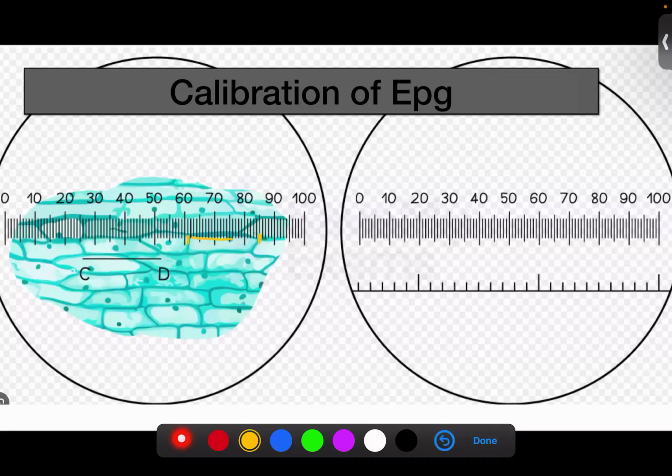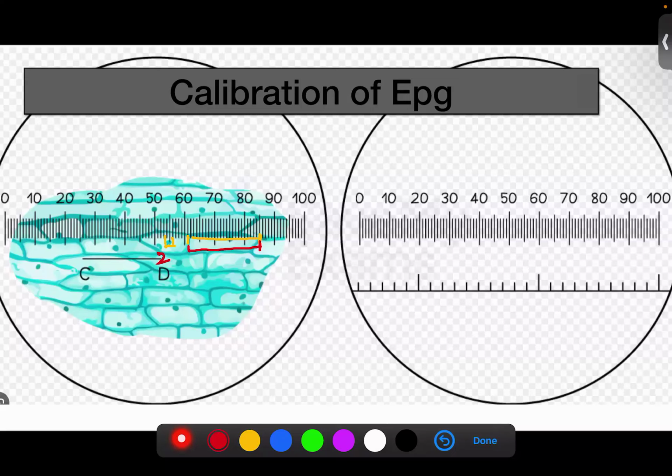We can count that from here. And similarly, we can count the number of divisions overlapping from one edge of the nucleus to the other edge of it. And we can count that there are two divisions overlapping with it for a nucleus. And for the cell, whatever is the exact number, we counted it in a previous step.